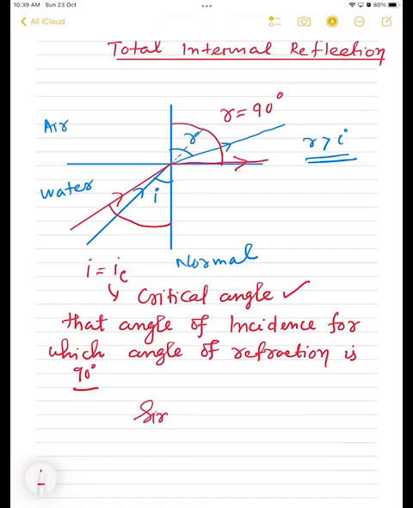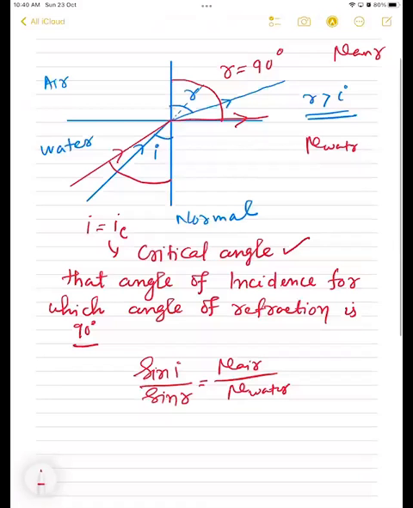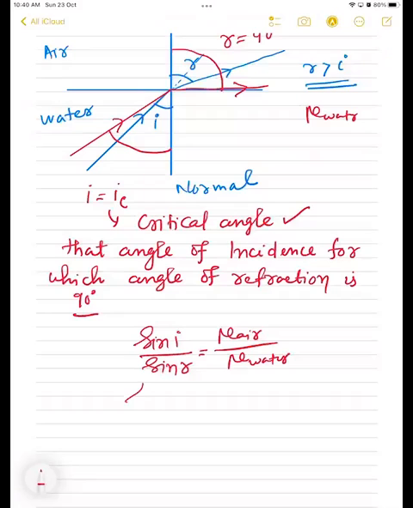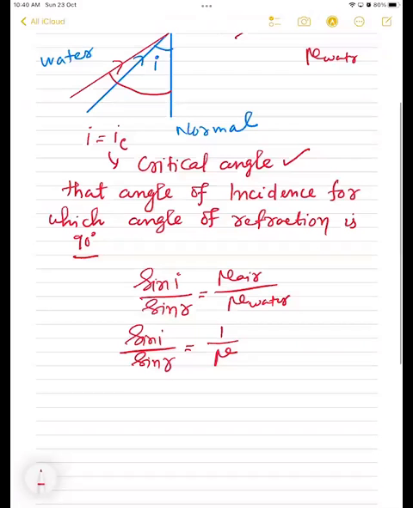So if I take sine i by sine r, this is going to be mu air by mu water, correct? So sine i by sine r is equal to mu air, which is 1, by mu. If I take the critical angle, sine ic, then it is going to be sine 90, that is equal to 1 by mu.